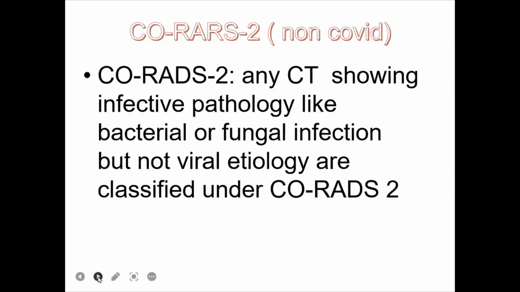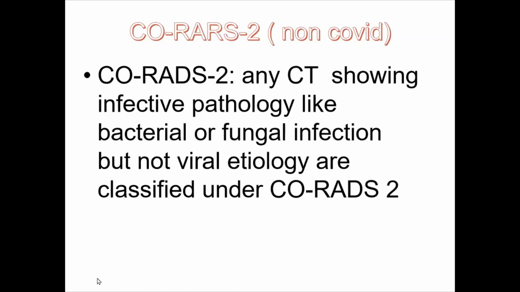And in CO-RADS 2, any CT which shows infective pathology, either bacterial or fungal infection but not viral pathology, is classified. So CO-RADS 1 and CO-RADS 2 are both considered non-COVID.